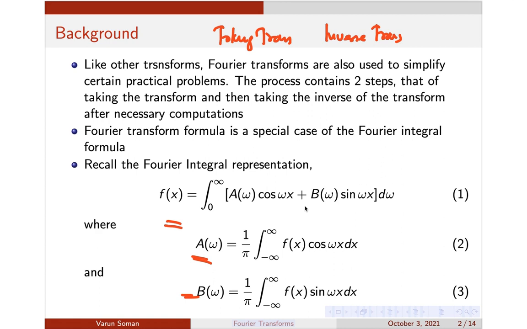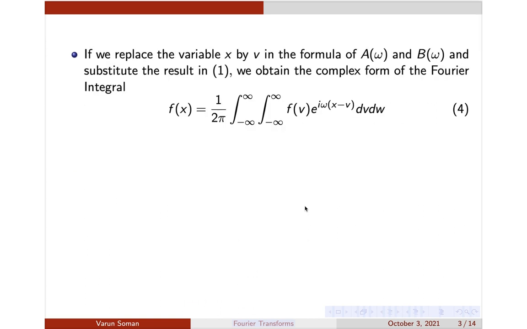Your integral will become a double integral: 1 by pi, integral 0 to infinity, integral minus infinity to infinity, f of x into cos of cos plus sine of sine. So it will be like the cos(a minus b) form inside the integral. Then we will use some properties of odd and even functions of cos and sine to convert this integral into a complex form like this. This is the complex form.